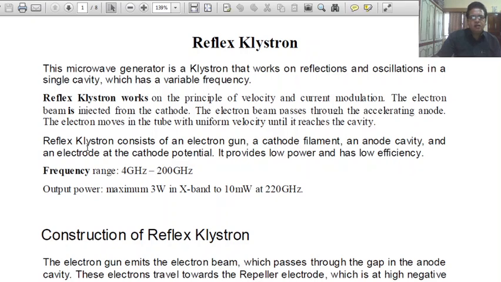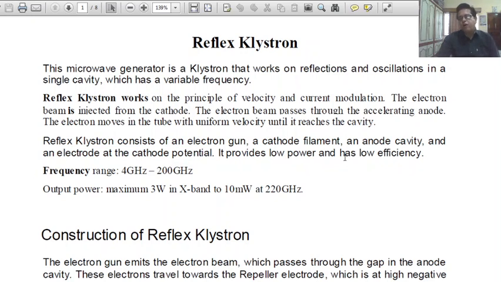So what did we learn from the construction? The reflex klystron consists of which parts? Electron gun, cathode filament, anode cavity, and an electrode at the cathode potential, which is known as the collector.